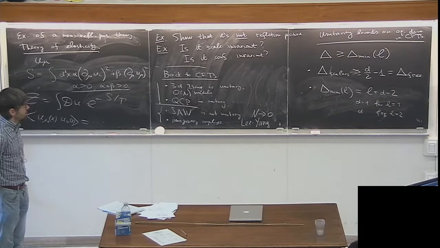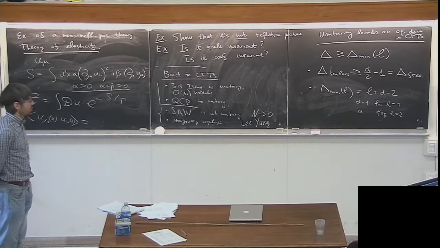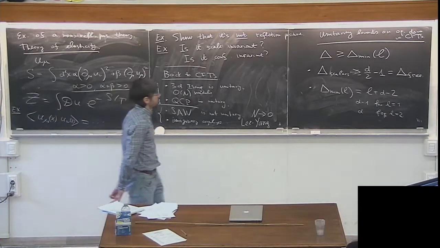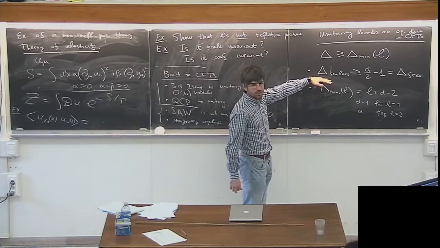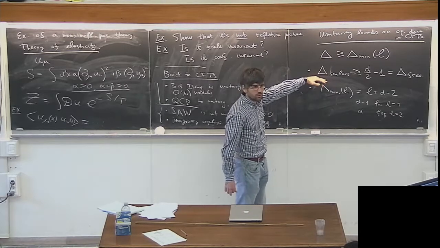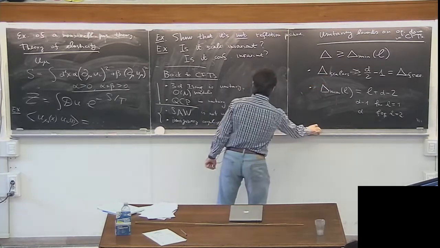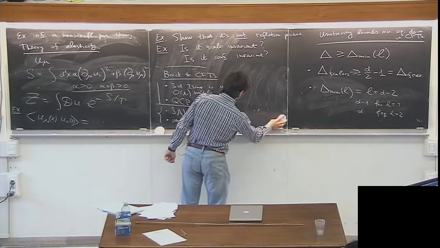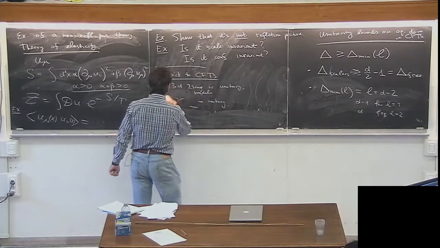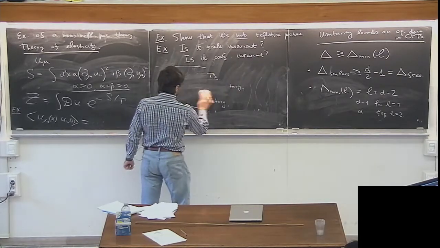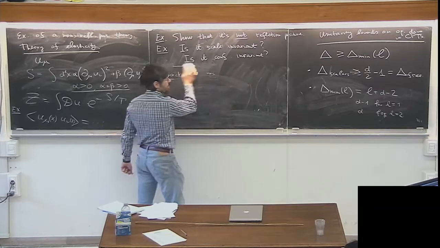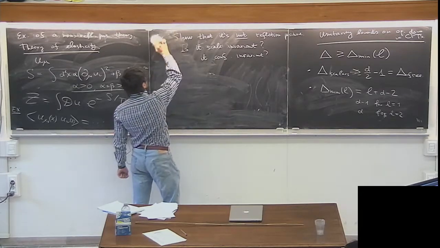I'm not going to give you the complete proof, but I'm going to explain how to show this bound for the scalars. For the scalars, it's really easy to convince yourself that this bound is true. Any questions about the statement of the bound?